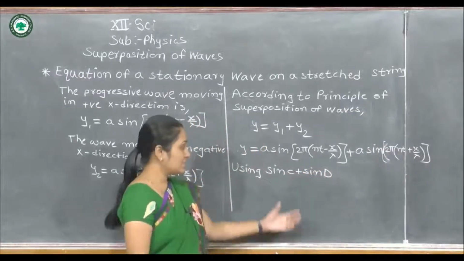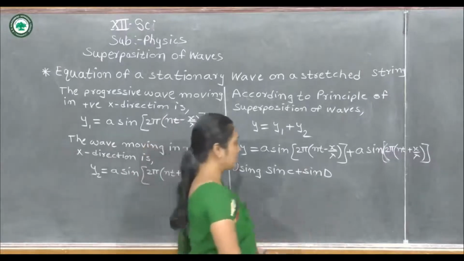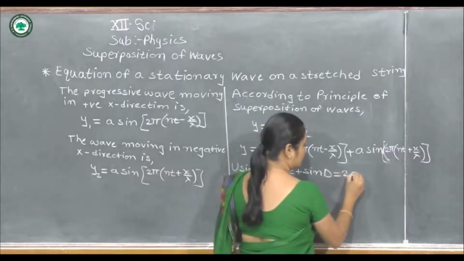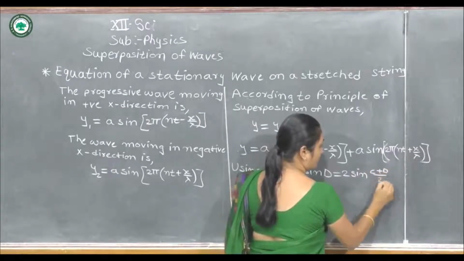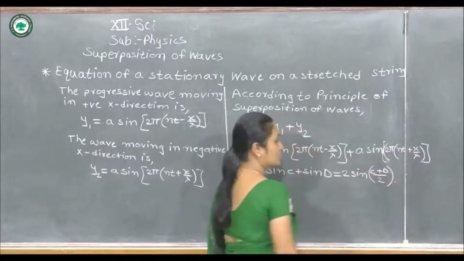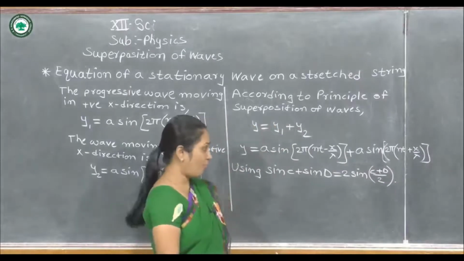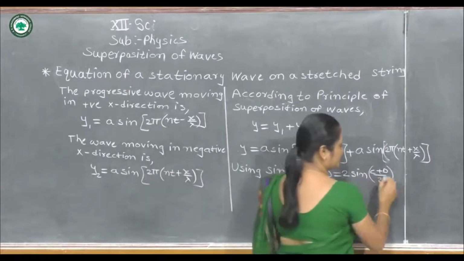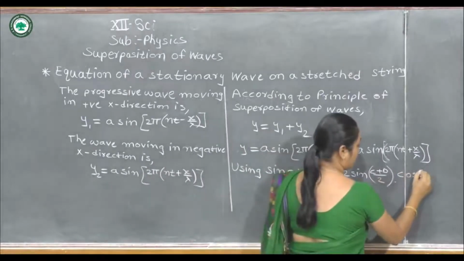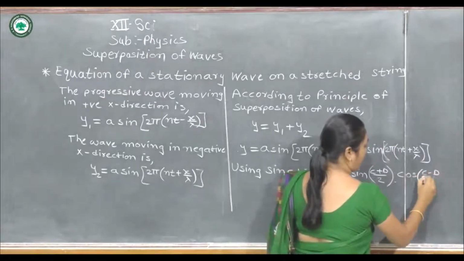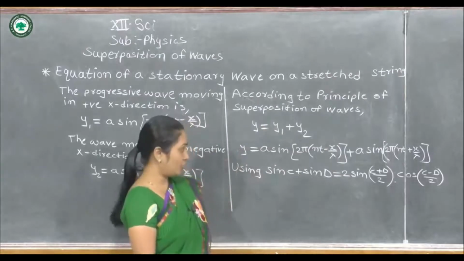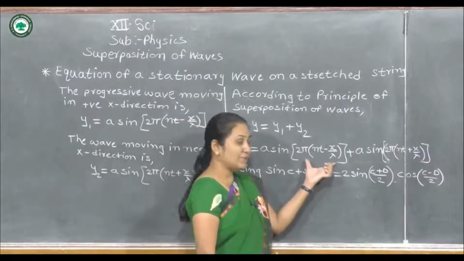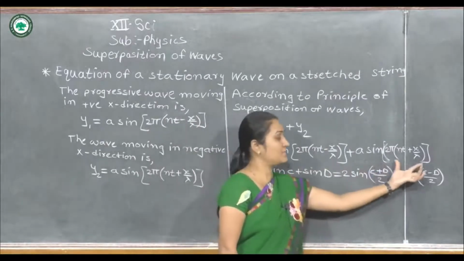Using sin c plus sin d is equal to 2 sin of (c plus d) upon 2 into cos of (c minus d) upon 2. So this is c and this is d.